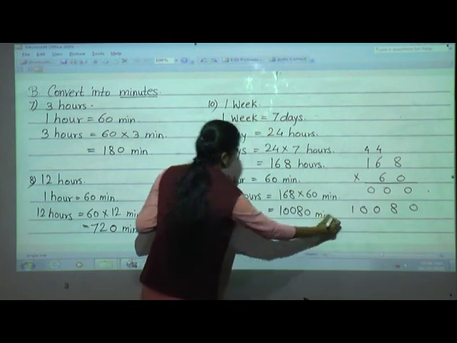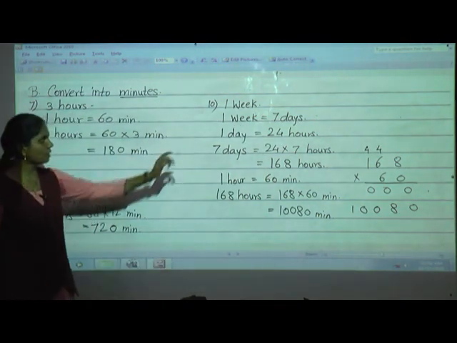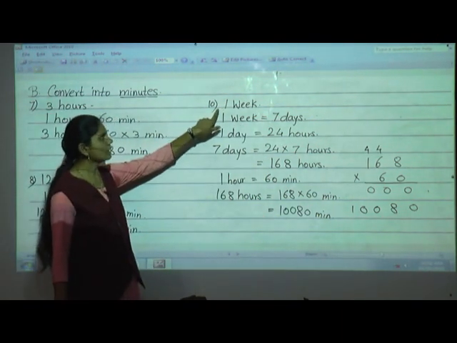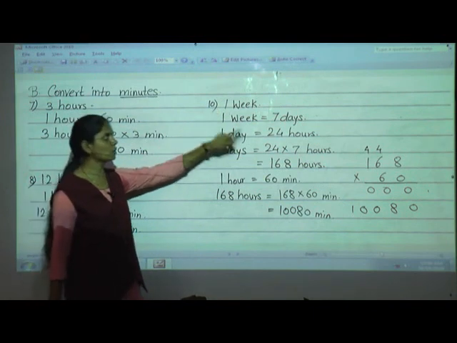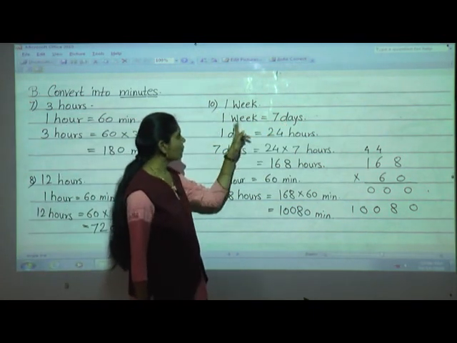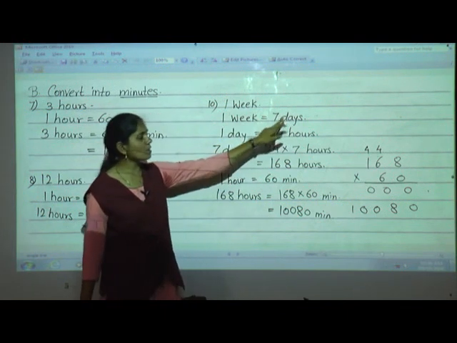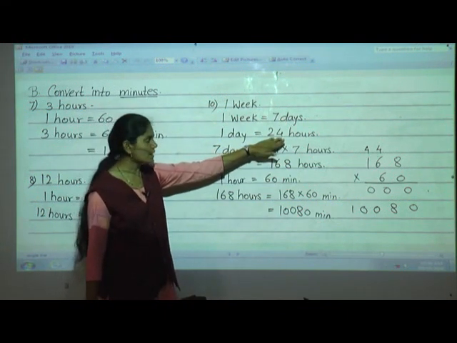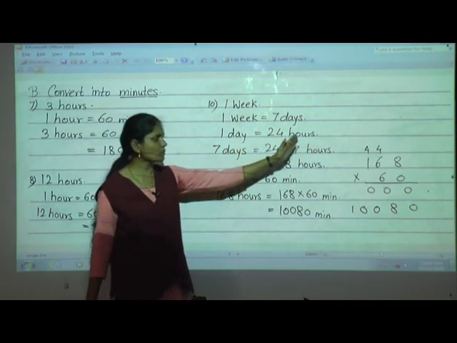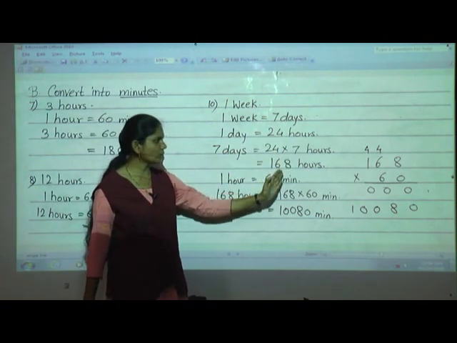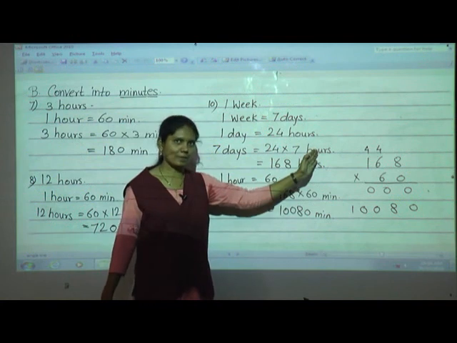minutes. Okay, see what we have done here. They had given us week. Then that week first we have to convert into days. So 1 week is equal to 7 days. Now these days first we will convert into hours. Okay, so 1 day is equal to 24 hours. So 7 days is equal to 24 into 7. Okay.